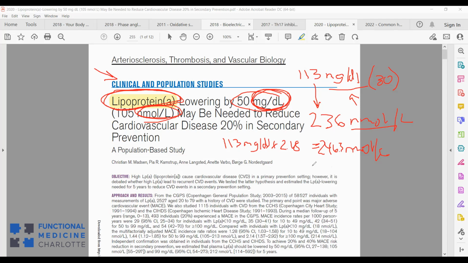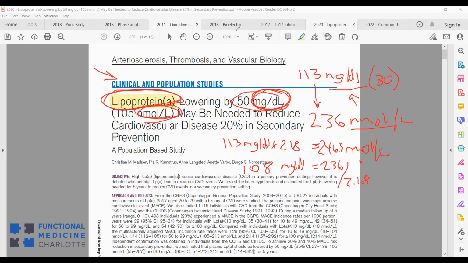Or if we take the 236 nanomoles per liter and want to convert it over to milligrams per deciliter, what do we do? Math whizzes out there, you're right, divide by 2.18. And that gives us an answer of 108 milligrams per deciliter.